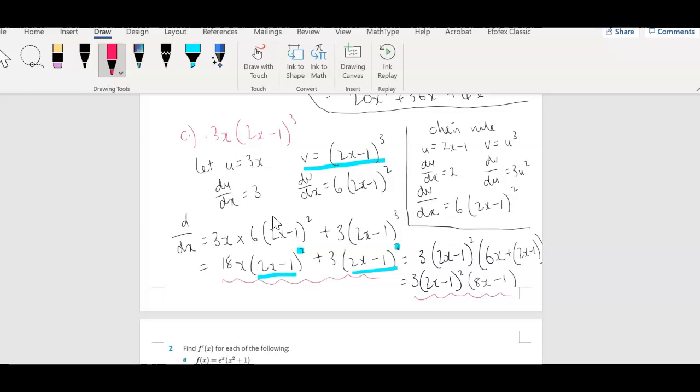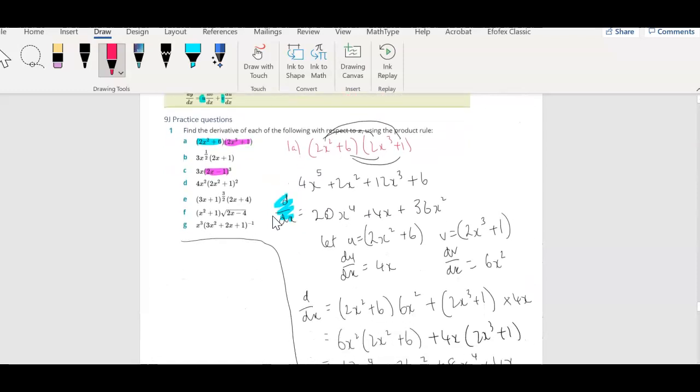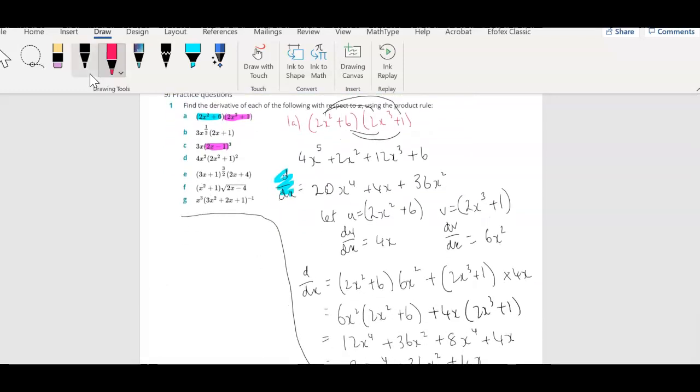But if it wanted you to take out that common factor of 3(2x minus 1) squared, you need to be able to have that skill as well. All right. Just thinking here, instead of doing some of these, I might just show you quickly. So f, you've got x squared plus 1, and that's times 2x minus 4 to the power of a half. Okay, so remember the square root is the same as to the power of a half.